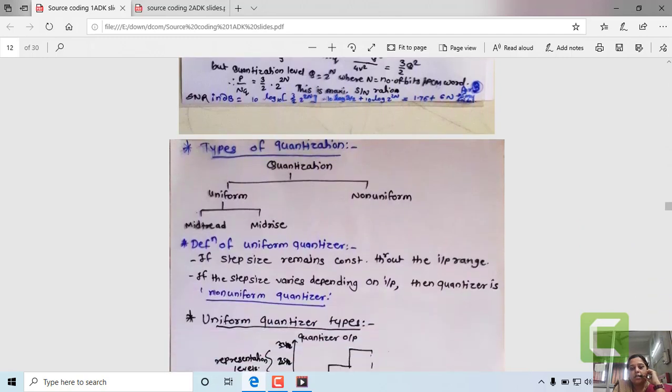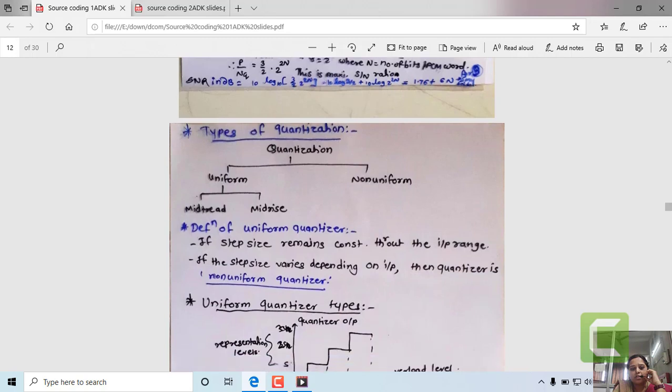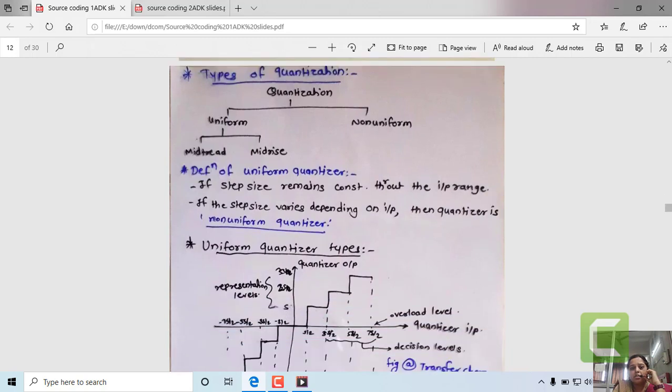Now we are starting with the types of quantization. Quantization is the process of rounding off the levels to the nearest predefined level for every sample value. For this process of rounding off, we have two major types: one is named uniform and the other is non-uniform.